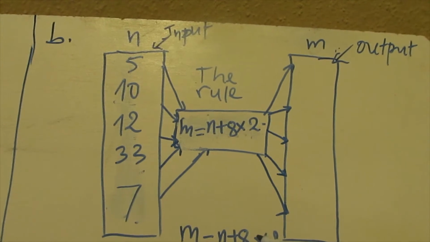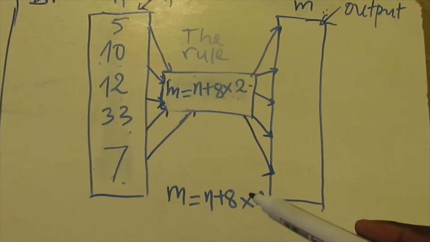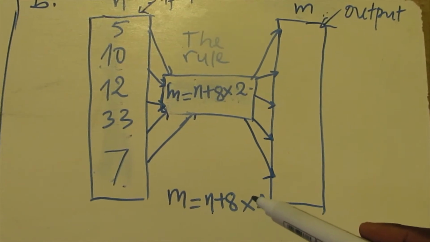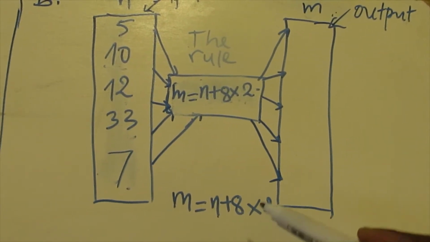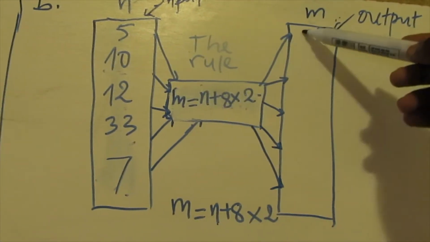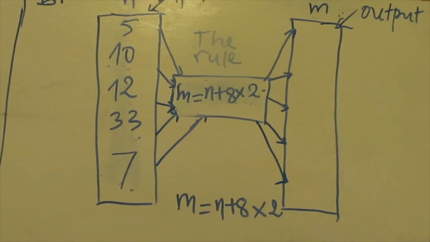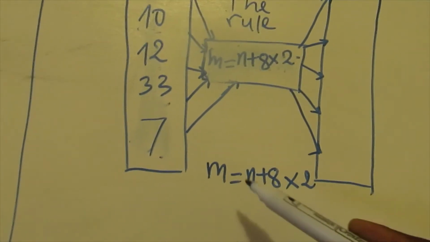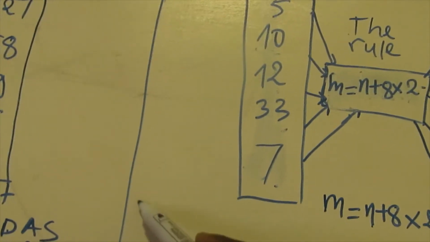So they ask us to find our output, that is M. To find the output, we must work with each input that they put in to find the appropriate output. So now here M, we apply the same law.